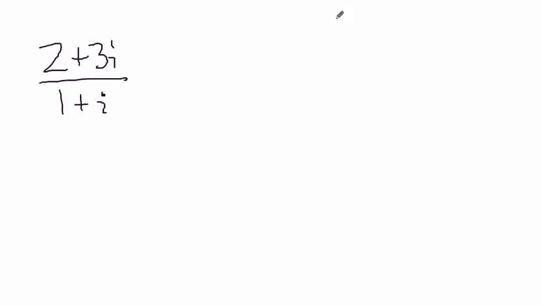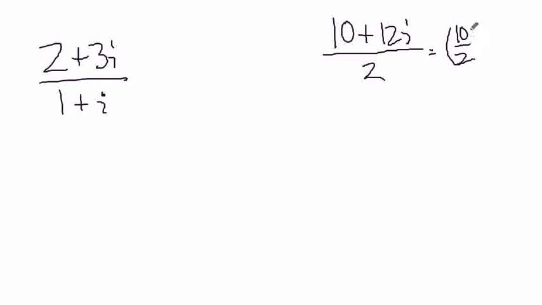For example, if I had 10 plus 12i and I wanted to divide that complex number by 2, you can see that it would make sense to define it as equivalent to the two fractions 10 over 2 plus 12i over 2, which is equal to 5 plus 6i.